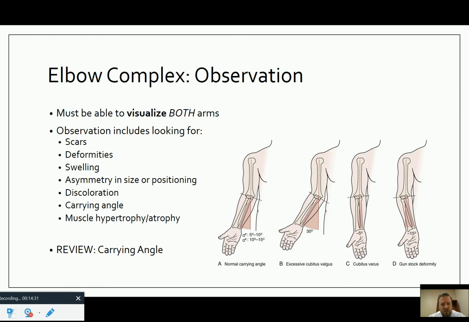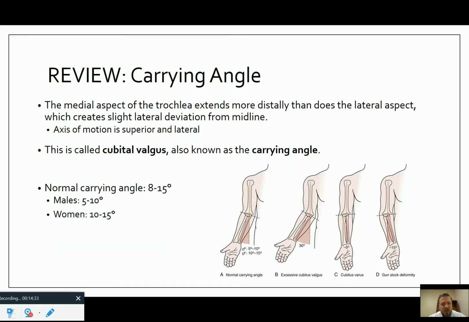We are going to review the carrying angle. The medial aspect of the trochlea extends more distally than the lateral aspect, which creates slight lateral deviation from midline. The axis of motion is superior and lateral. This is called the cubital valgus, also known as the carrying angle. Again, normal carrying angle in all humans is around 8 to 15 degrees.